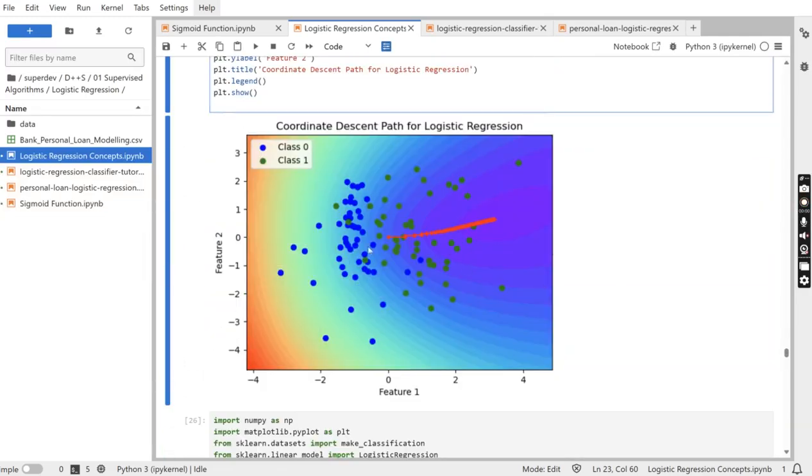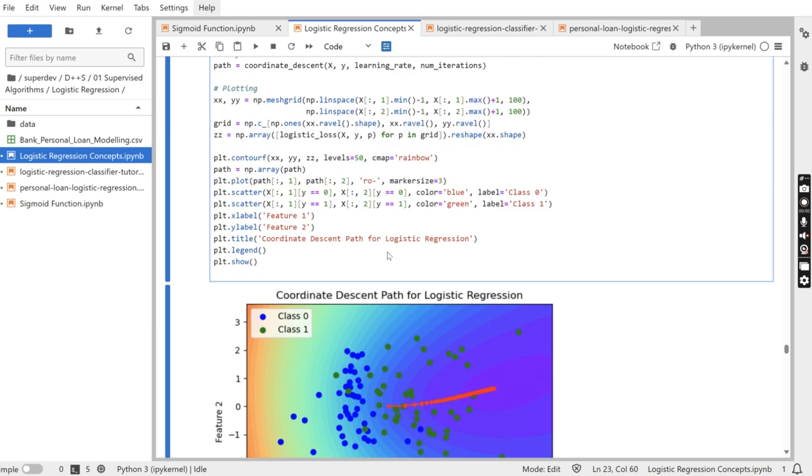This is what the coordinate descent looks like. It's a descent path, the coordinate descent path, showing how it is able to arrive. Initially it started at this point. It adjusted. See the learning parameter, the distance between these two points is the difference in the slope. It jumped from here to here, then here, then here. So iteratively it decreased the values of m.